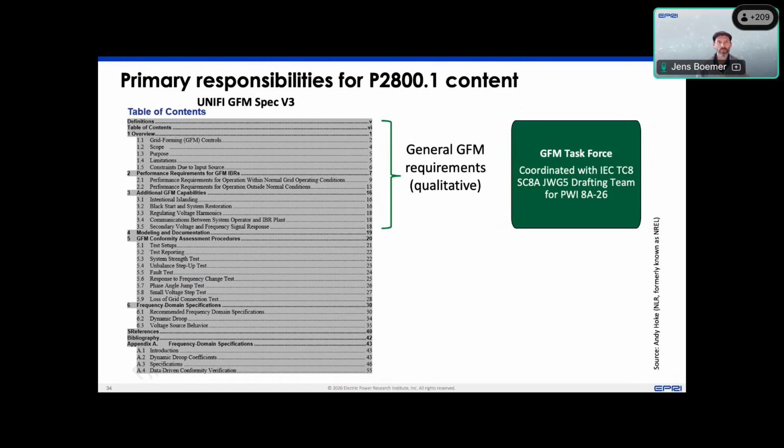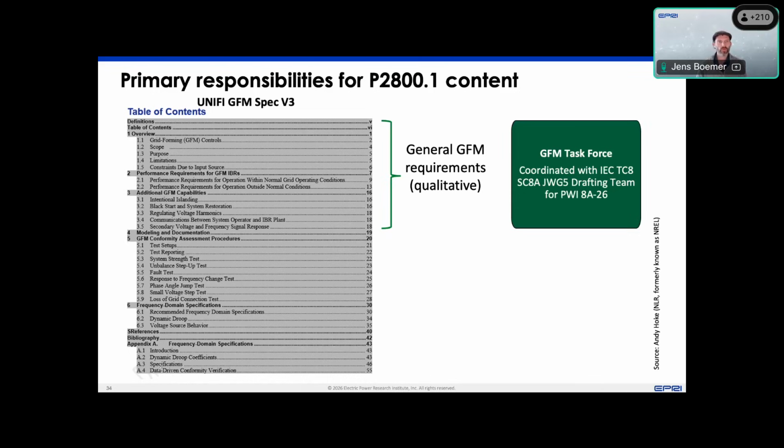They are in the process of publishing their third version. And the table of contents is shown here on the left with performance requirements, additional capabilities, modeling and documentation, grid forming conformity assessment procedures, frequency domain specifications, and some appendices.